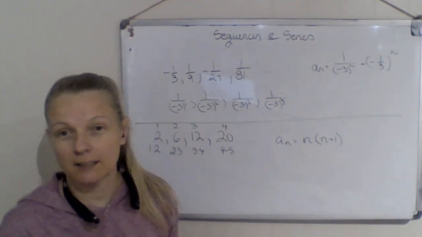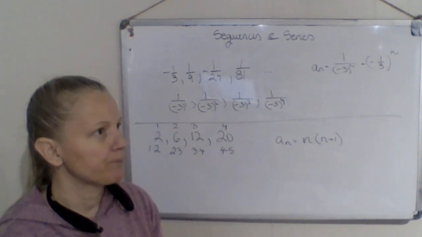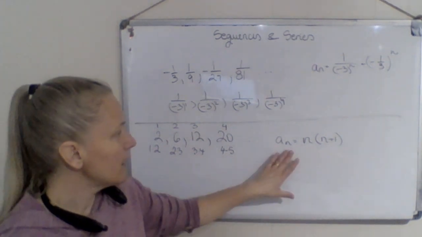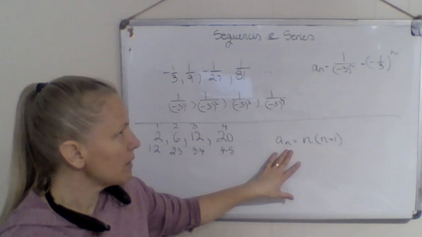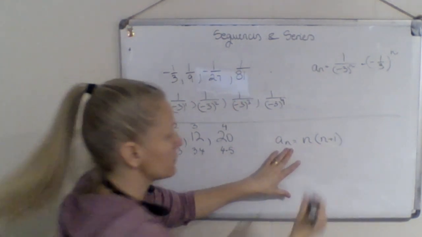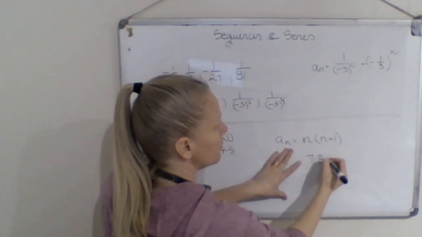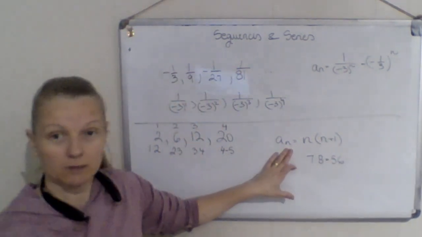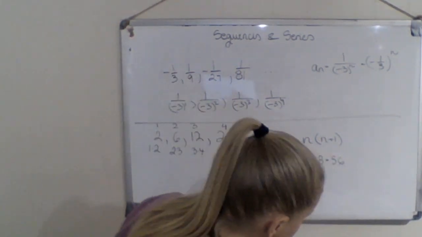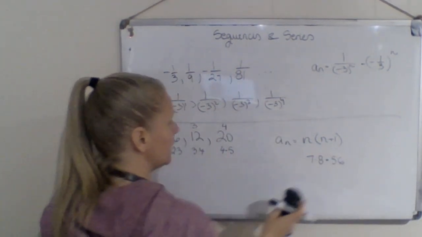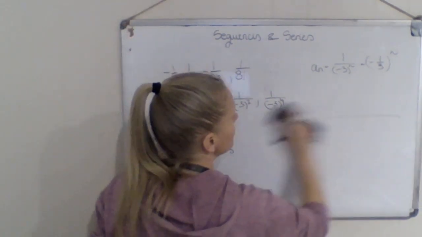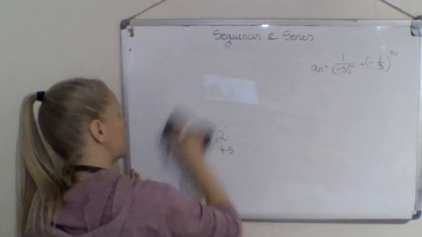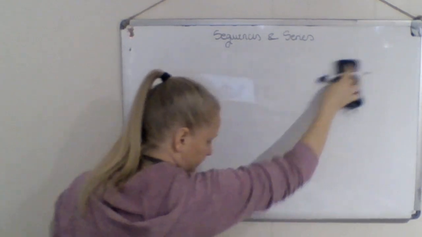And it will work with anything. If I were to ask you what is the 7th term, this will become 7 times 8, which is 56, right? So this is going to be a little bit of work until you learn how to read patterns. But it will come eventually naturally, and we'll work at it as much as we need.